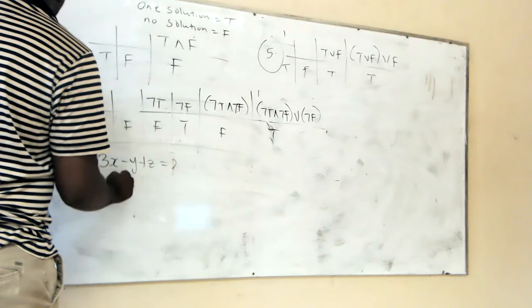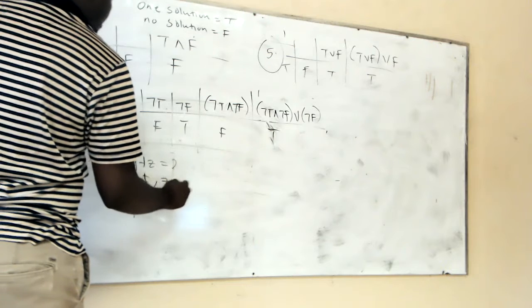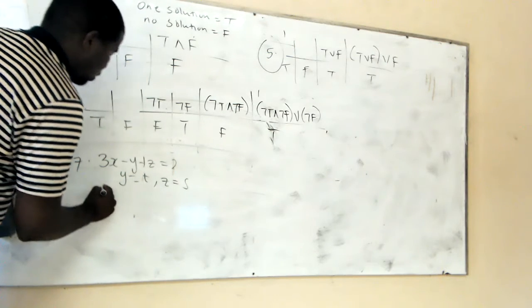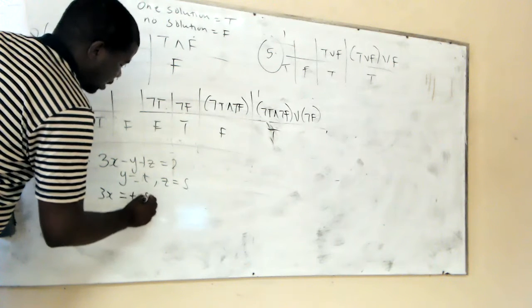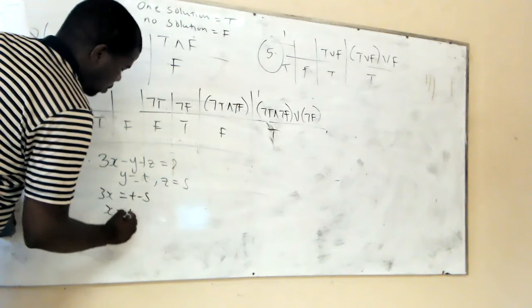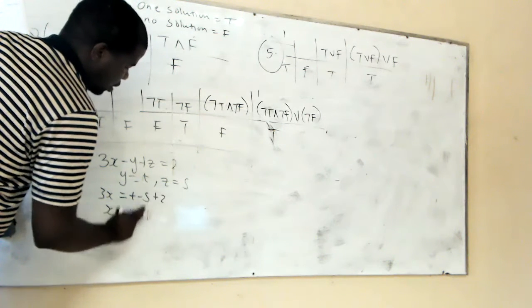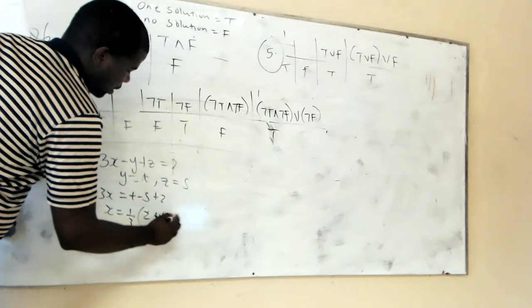We're supposed to let y be equal to t and z to be equal to s. Substitute this there, and with the formula, you're going to have 3x is equal to t minus s, and then you multiply both sides by 1 over 3 and add 2 here. So we're going to have 2 plus t minus s.